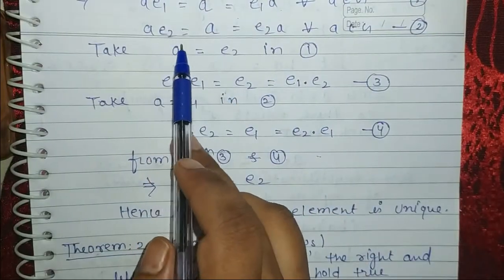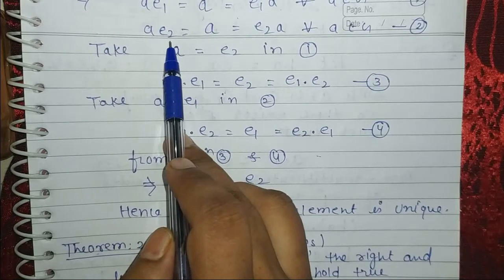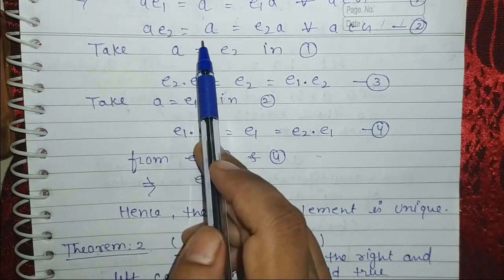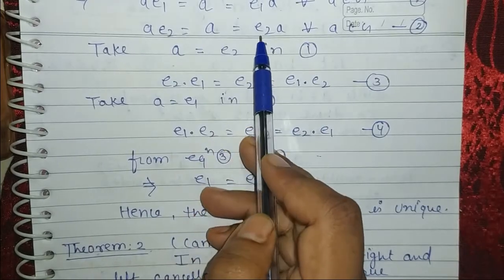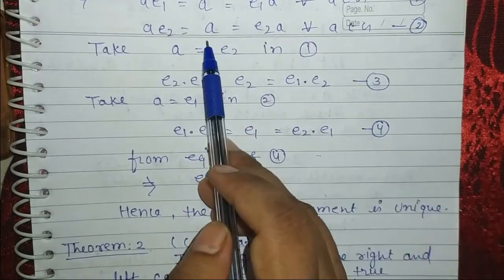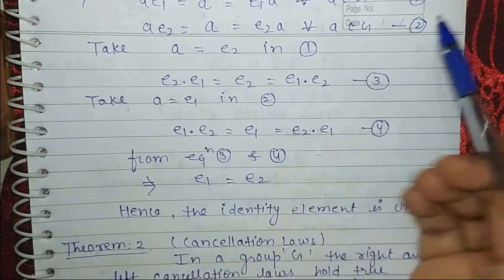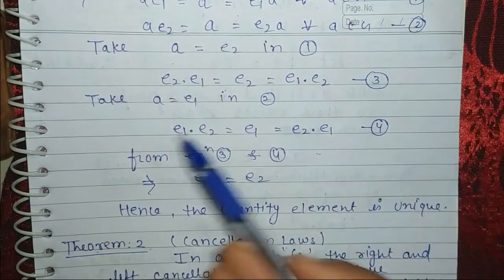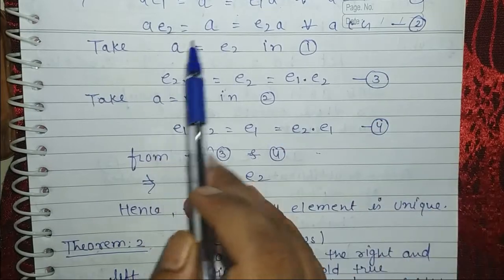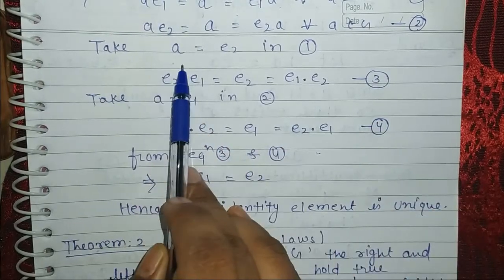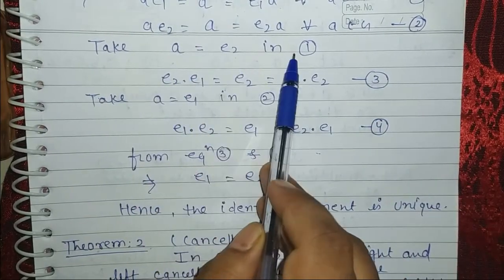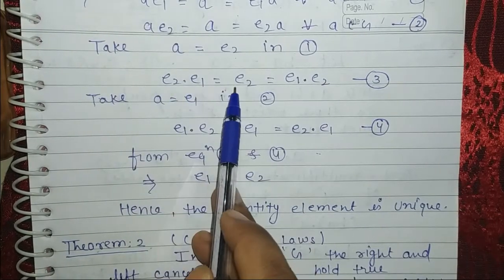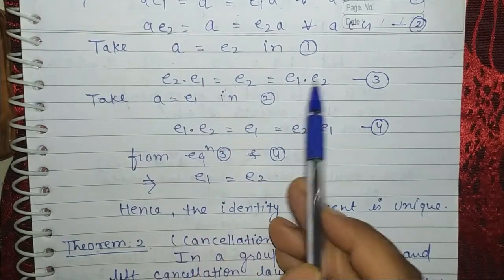Now A dot E2, similarly, if E2 is the identity and A is an element of G, then A dot E2 is equal to A and E2 dot A is also equal to A, for all A belonging to G. In equations 1 and 2, first of all I am taking A as E2 in the first, so replacing A by E2, E2 times E1 is equal to E2 and E1 times E2.